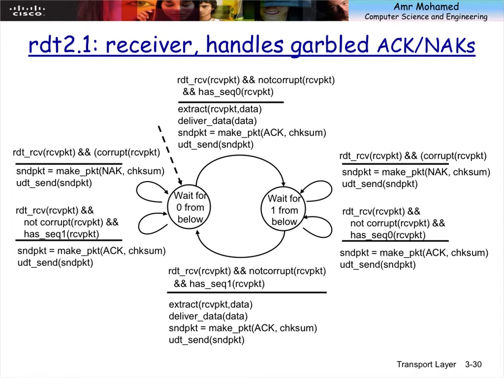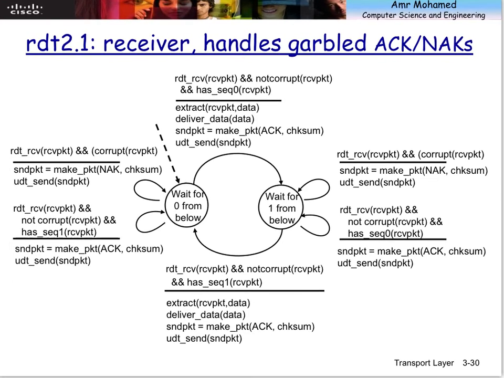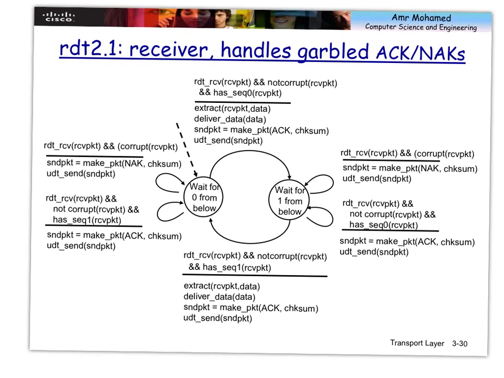When I'm waiting for packet 0, this is the key that will break the deadlock you're talking about. I'm receiving a packet and it's corrupted. I will send a negative acknowledgement. Normal. I'm receiving a packet and it's not corrupted, but the sequence number is 1.